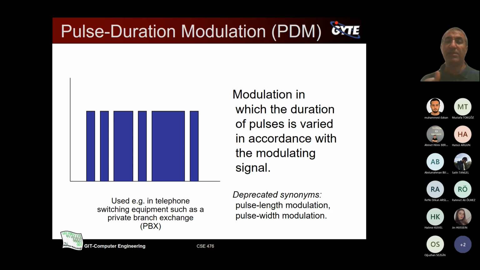So by adjusting the pulse duration, we assign the bits to different pulse durations. Sometimes this is called PLM, pulse length modulation. Some people call it PWM, pulse width modulation. And this technology is also used by PBX technology.